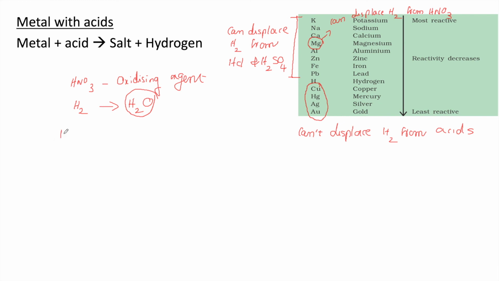So the metals magnesium, Mg, and manganese, Mn, can displace hydrogen from nitric acid. So this is the kind of reaction of metal with acids. These exceptions are all very important. Try to learn them very well.